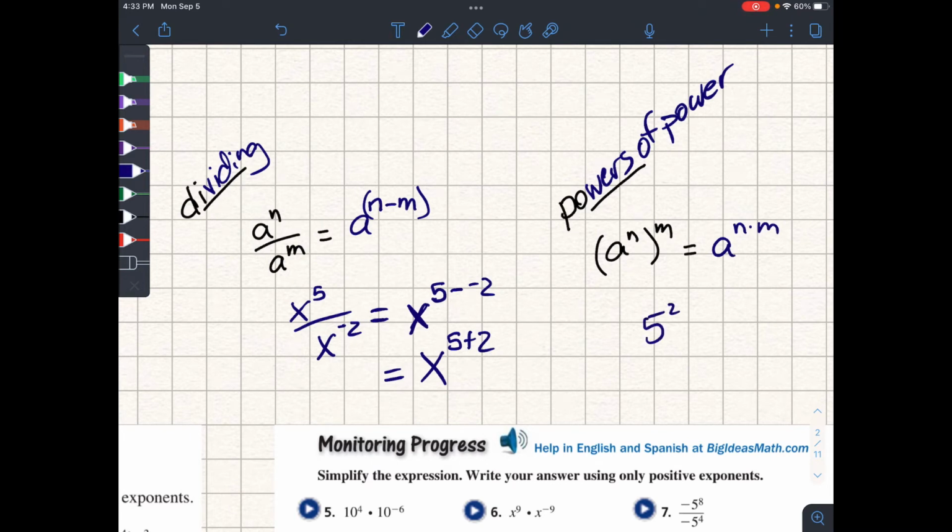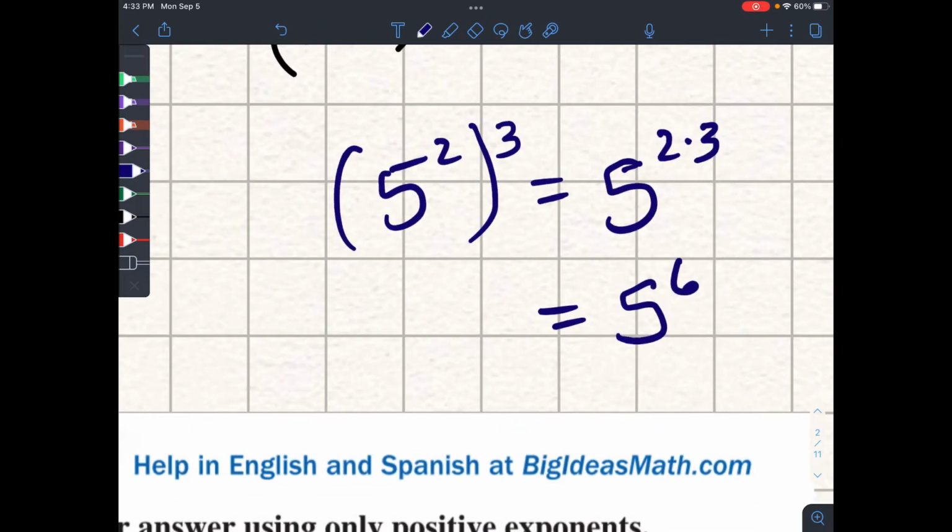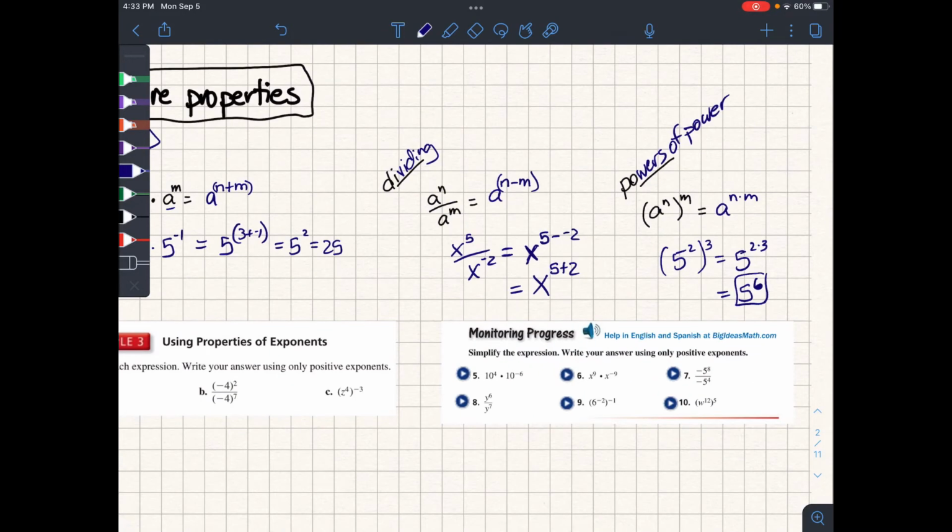So 5 squared carried to the third power means 5 to the 2 times 3, which is 5 to the 6th. When the exponent starts to get kind of big, and by big I mean above 5, we tend to leave the exponent there. We don't say, okay, 5 times 5 times 5 times 5. What is that? Okay? All right.